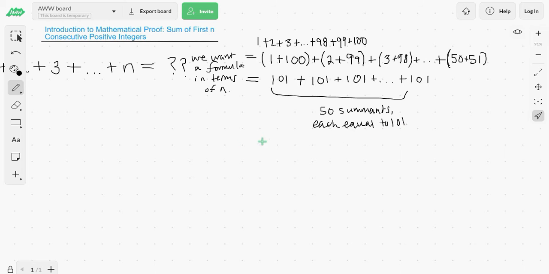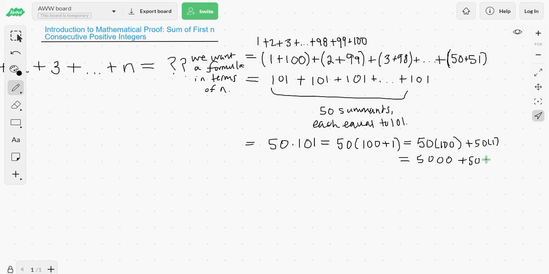So in order to calculate this sum, we can just say, oh, well, there's 50 101s, so this is the same thing as 50 times 101. And if you use a little bit of trickery, 50 times 101, you can do it in your head fairly easily by writing 101 as 100 plus 1, and then using the distributive property. This is 50 times 100 plus 50 times 1. And then that's just, what would that be, 5,000 plus 50, which is 5,050.